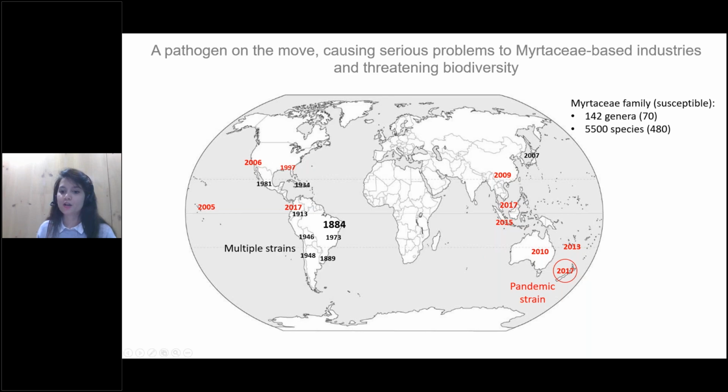The host range of this pandemic strain already comprises several hundreds of species and is constantly expanding. In 2013, a strain only found in South Africa was detected and is able to infect both native and exotic species.